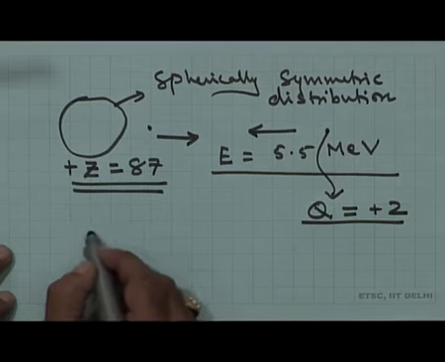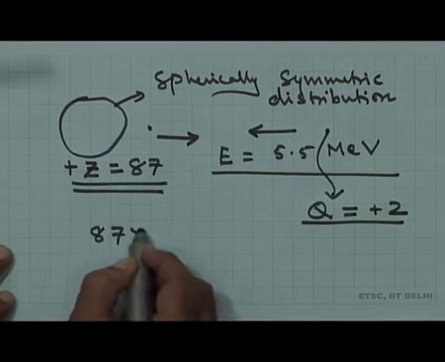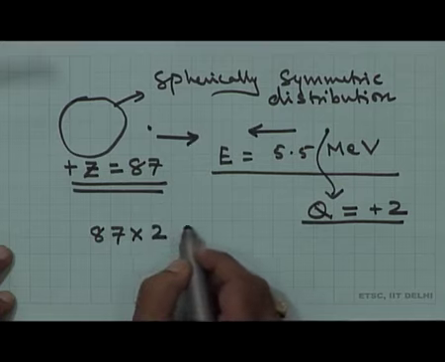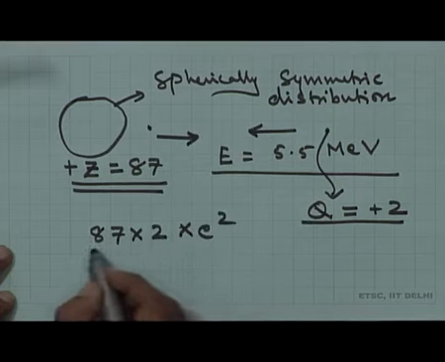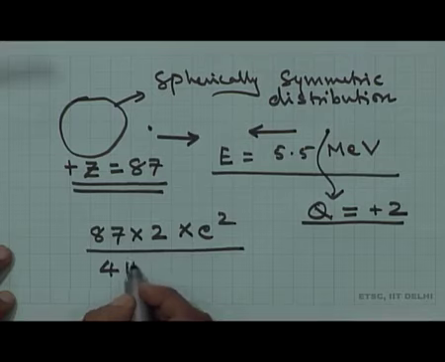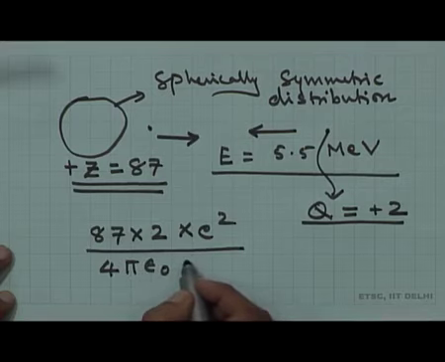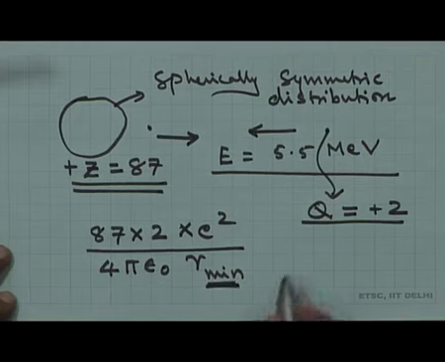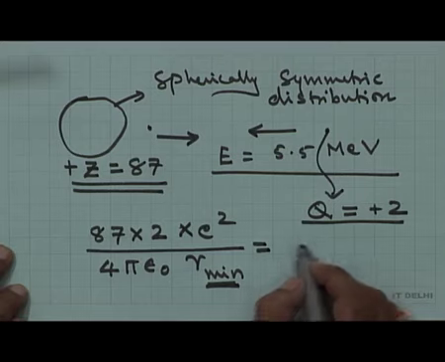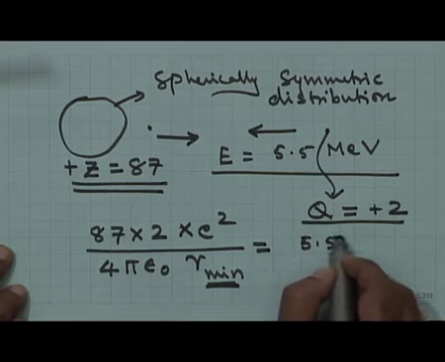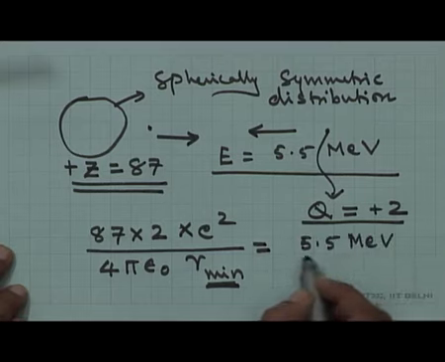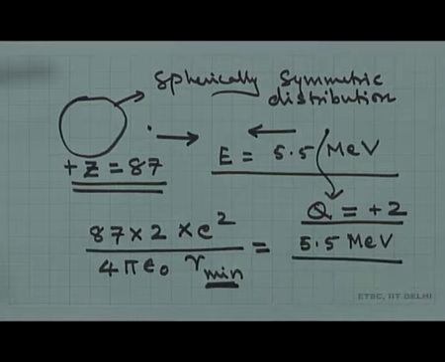I will write 87 into 2 into e squared over 4 pi epsilon naught R minimum. This is the minimum distance of approach, must be equal to the energy of the alpha particle, which is 5.5 MeV.